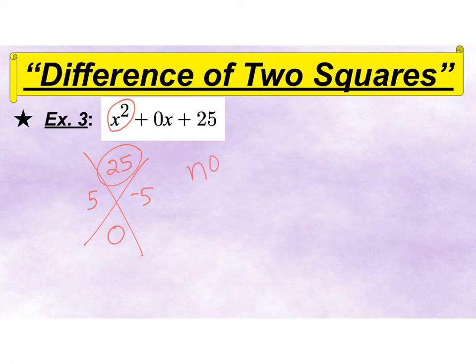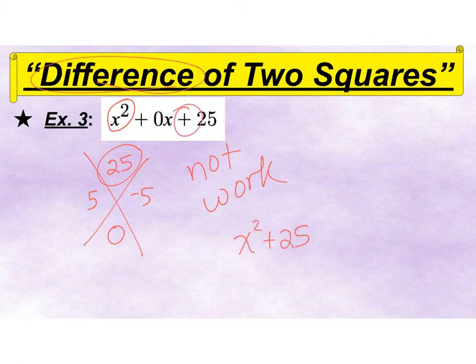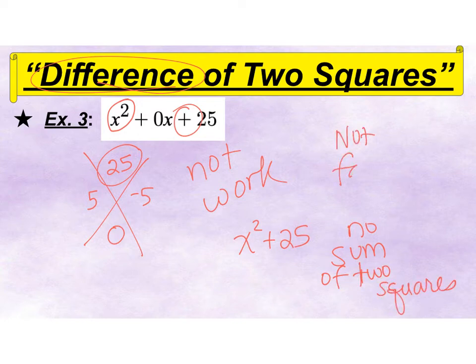So this one does not work. And I did intend for that because it's not a sum. It's not x squared plus 25. It's called a difference. There is no sum of two squares. If you get that, it is not factorable. And we call that prime, like a prime number.